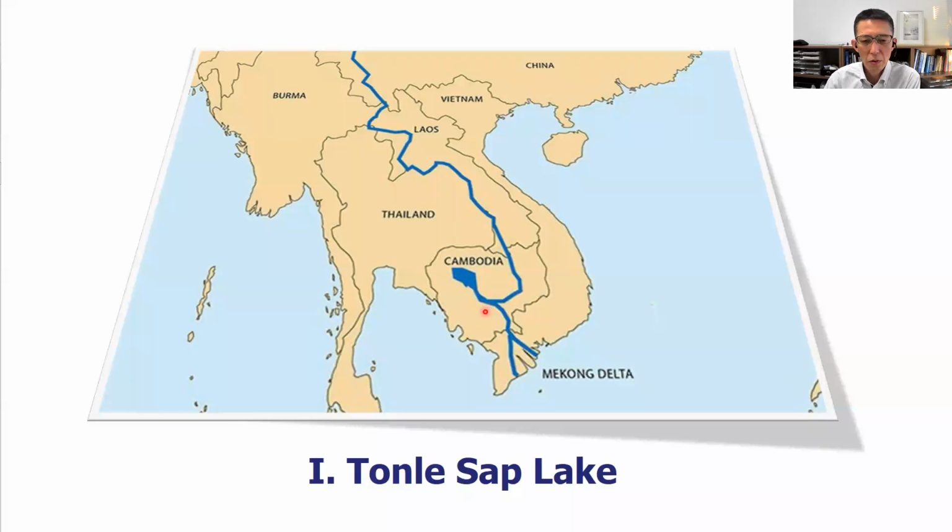The direction of the water flow is toward the north in the rainy season. In contrast, when we have a dry season, the lake water is drained to the downstream. So in this connecting part, we have reverse flow. The direction of the flow changes twice a year. This is the important characteristic there.